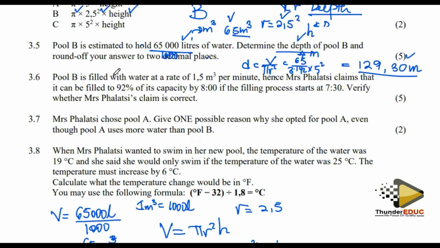Pool B is filled with water at the rate of 1,5 meters cubed per minute. Hence, Mr. Bahati claims that it can be filled to 92% of its capacity by 8.